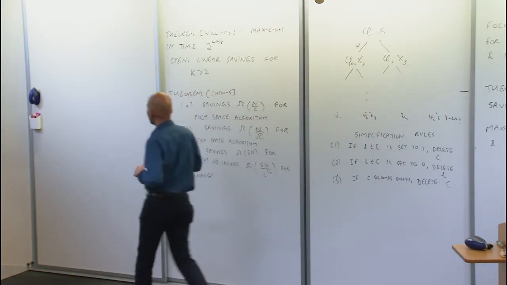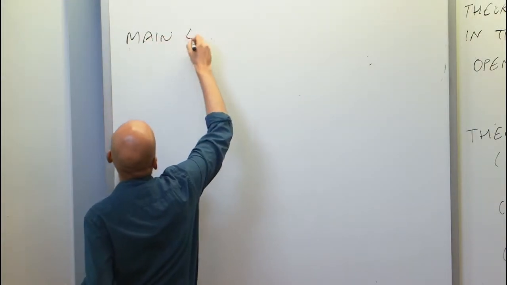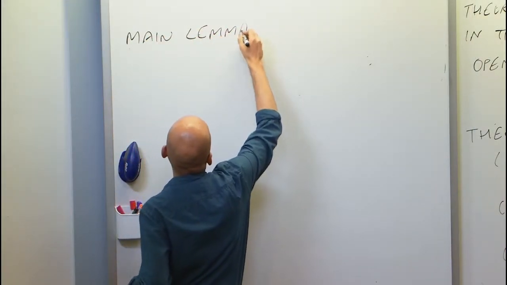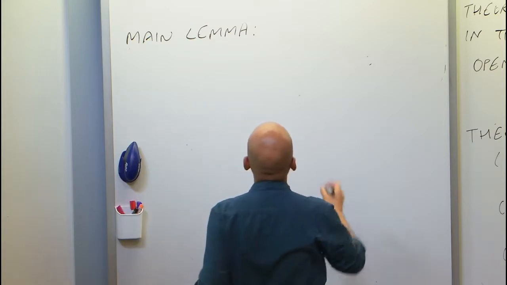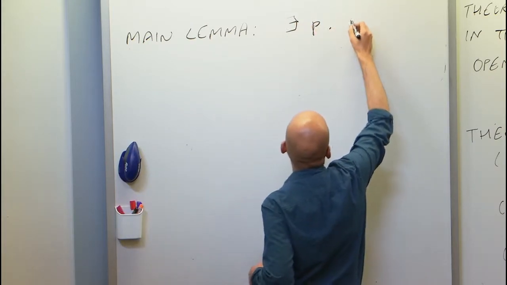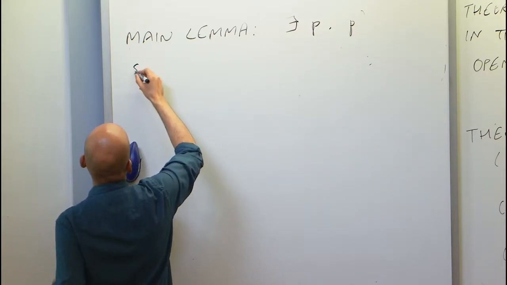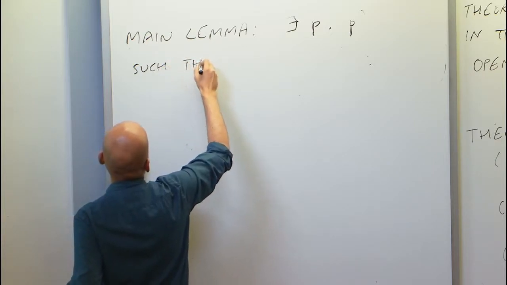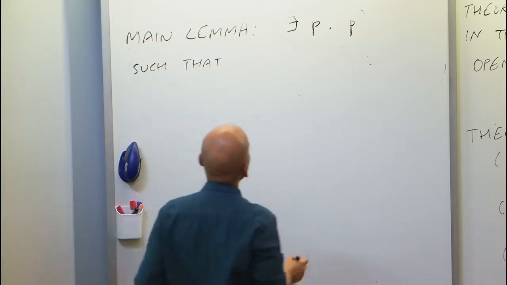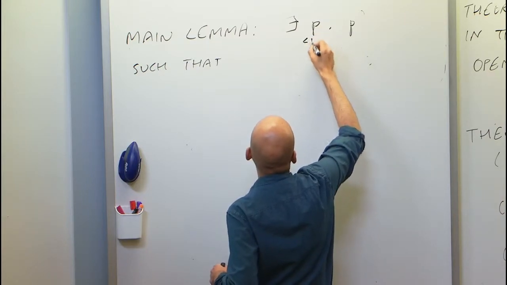A key lemma, a main lemma here, is this kind of concentration result. So there exist a p and p prime such that p and p prime are less than 1.